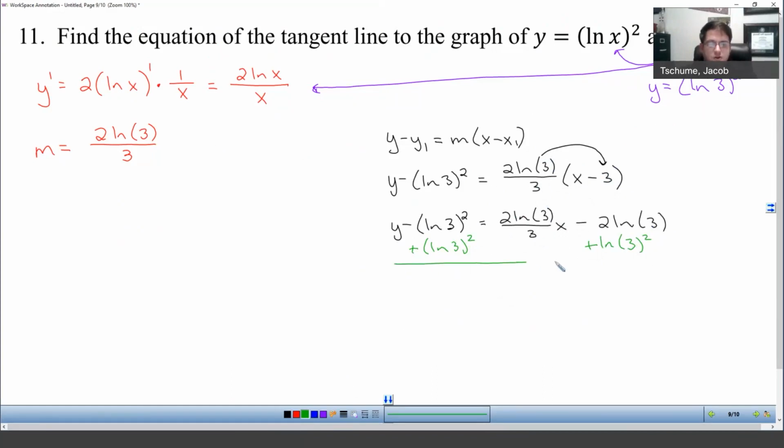And here's how you're going to do this on your homework. From left to right, you're going to have y equals. Type this number next to x into your calculator and we'll get our slope. So 2 times the natural log of 3 divided by 3 gives me a slope of 0.73x.